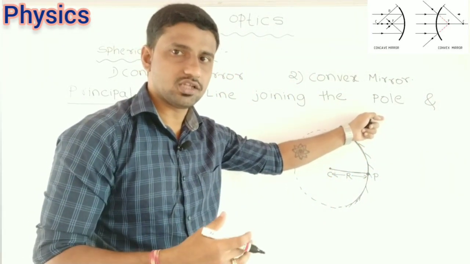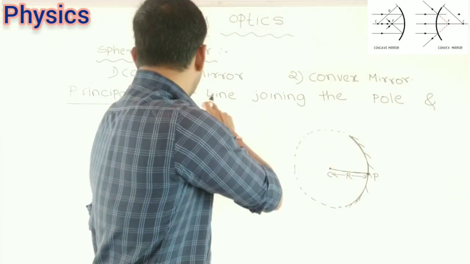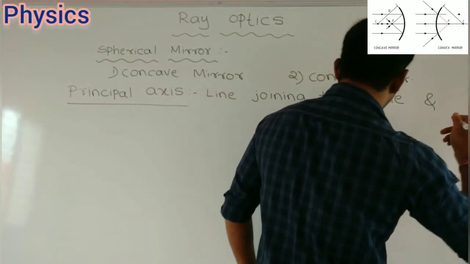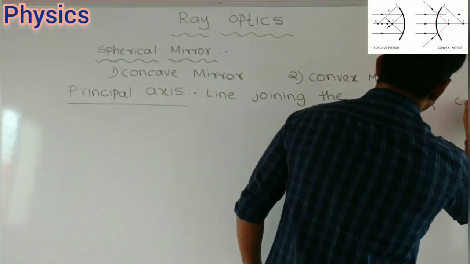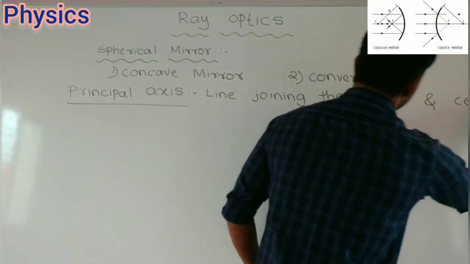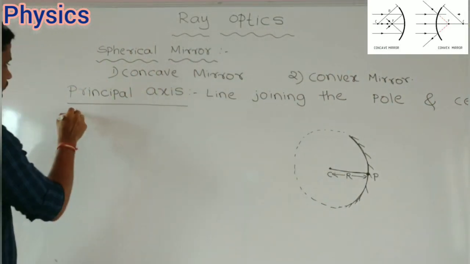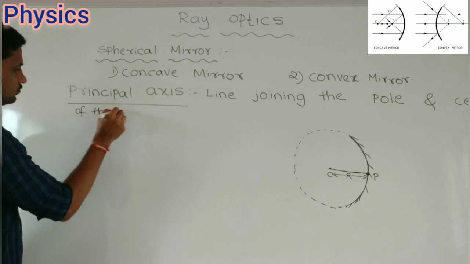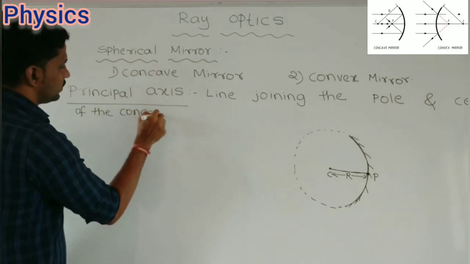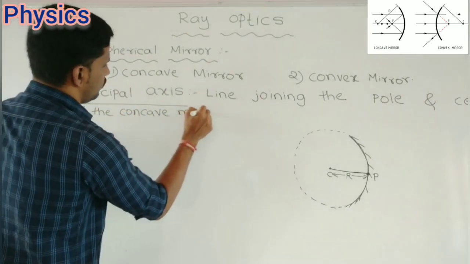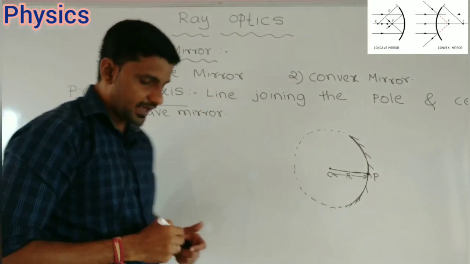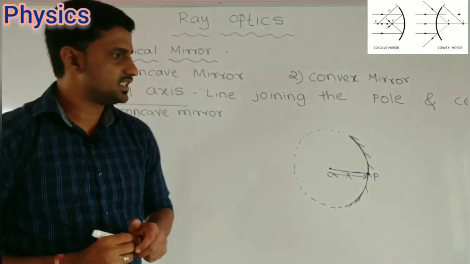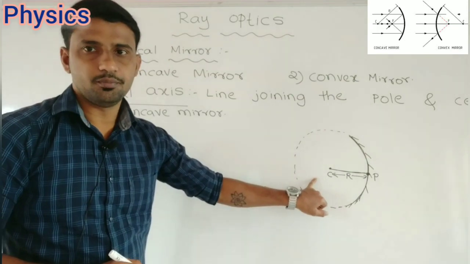We can call pole also an optic center. The line joining the pole or optic center and the center of the concave mirror.